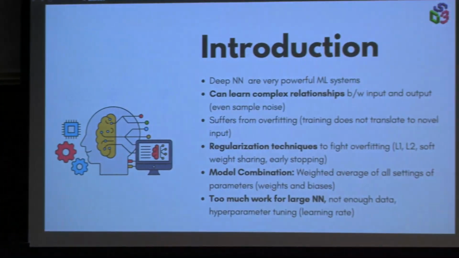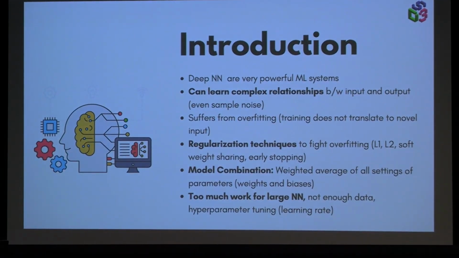By overfitting, all I'm saying is that sample noise, which is basically the sample size or the training set being limited, and having, I don't want to say unwanted, but coincidental correlations between inputs.